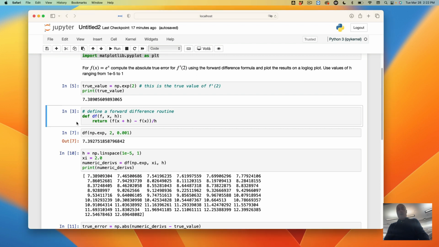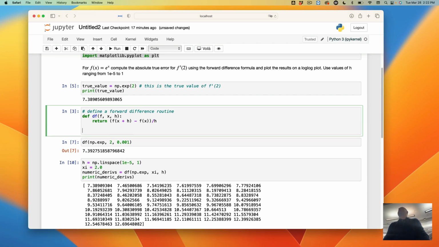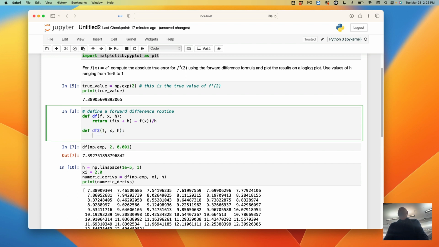So I'm going to define another one here and say df2, f, x, h. I'm going to return f at x plus h minus f at x minus h over 2h. We claim that this method is second order.